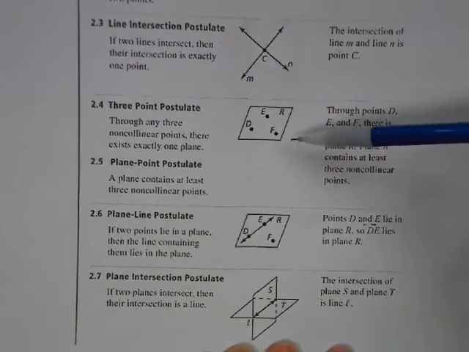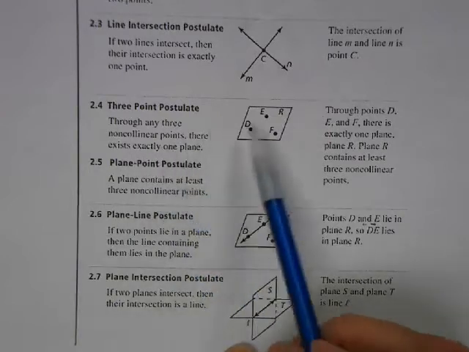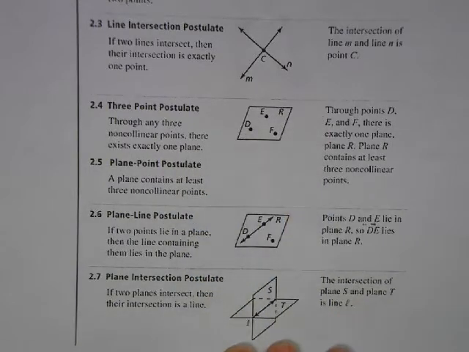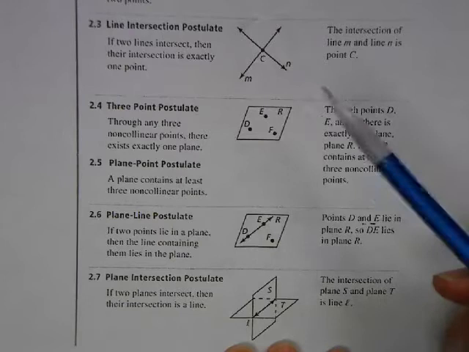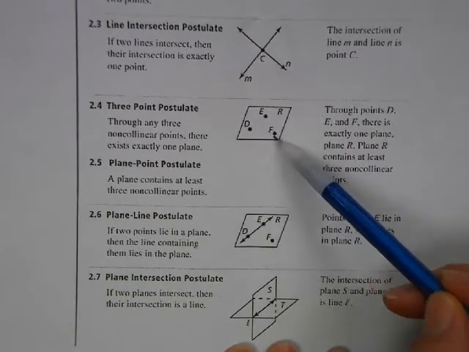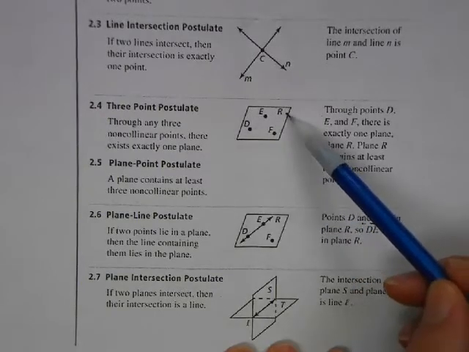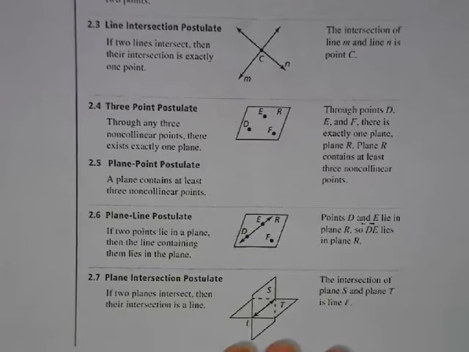You have the 3-point postulate. Through any 3 non-collinear points, there's going to exist exactly one plane. So in this example, you have D, E, and F, which are your non-collinear points. So there exists exactly one plane, and you can call it plane R.